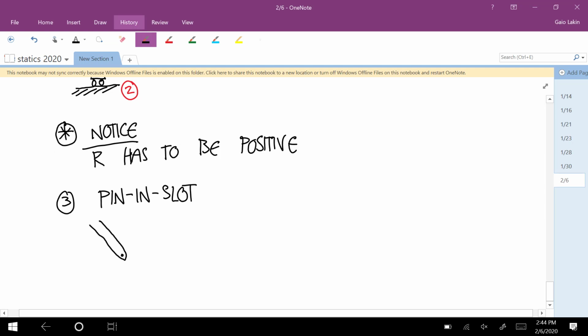So a pin and slot is like these are the 2 bodies, and that pin that shows up in that first one can slide up and down that slot. So this is body 1, this is body 2.